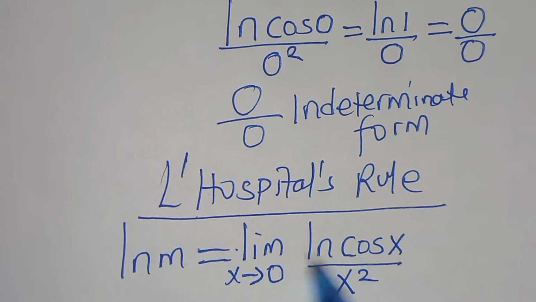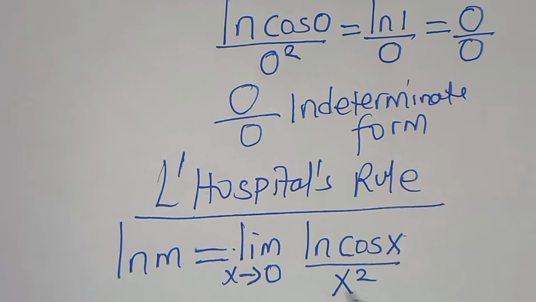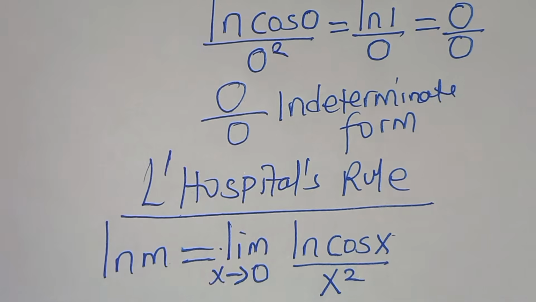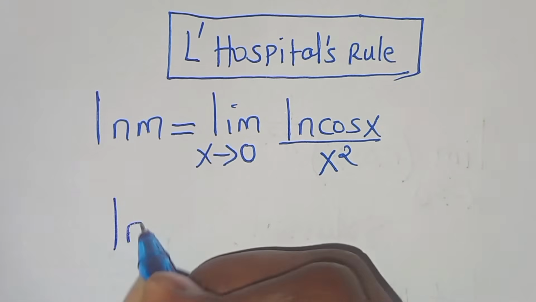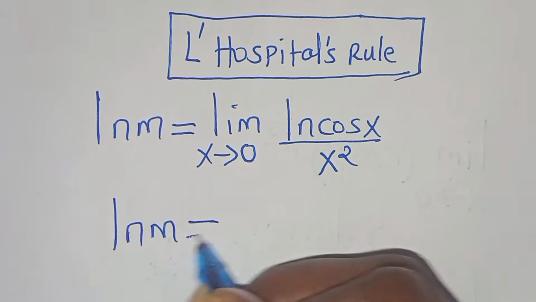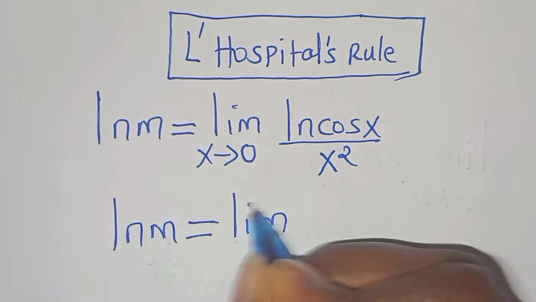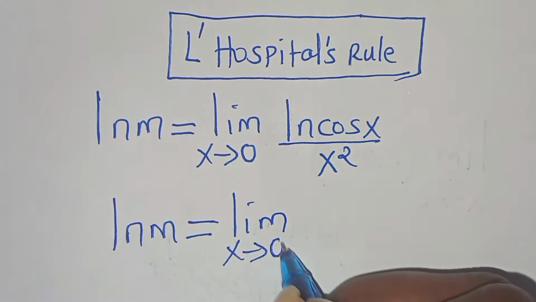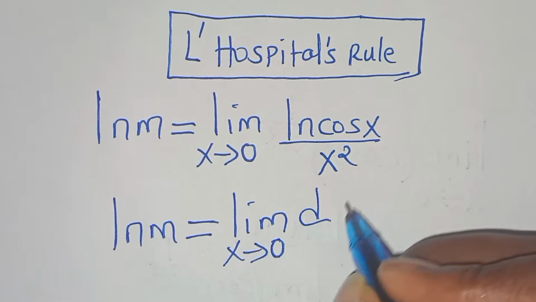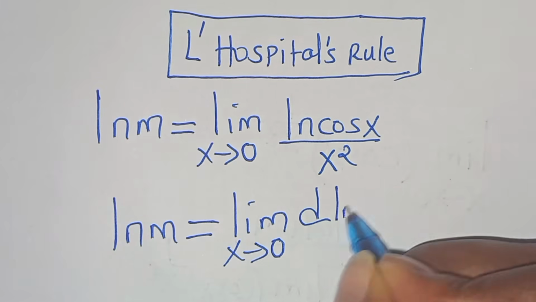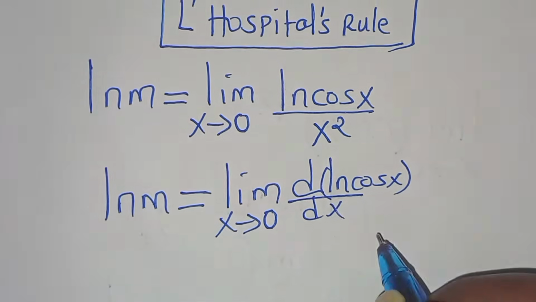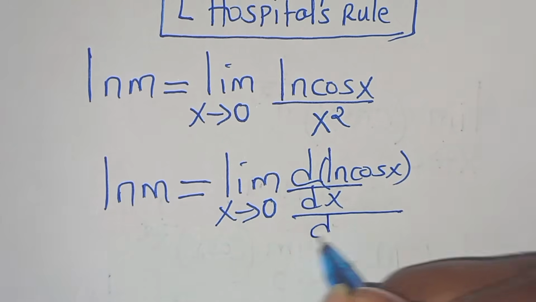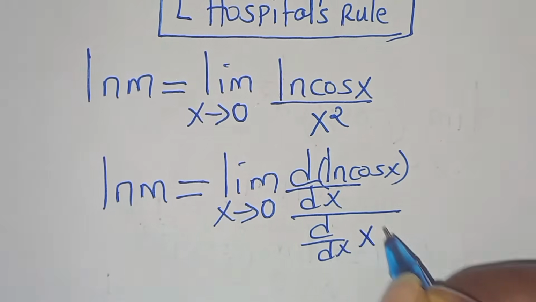We get the derivative of ln of cos x and the derivative of x squared separately. Applying L'Hopital's rule, ln of m is equal to the limit as x tends to 0 of the derivative of ln of cos x divided by the derivative of x squared.